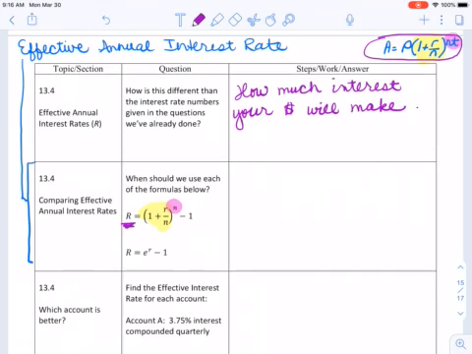Now, I will also say this has a -1 at the end. And basically the -1 at the end is because just like when we were dealing with our growth factor or decay factor, we had 100% plus or 100% minus.